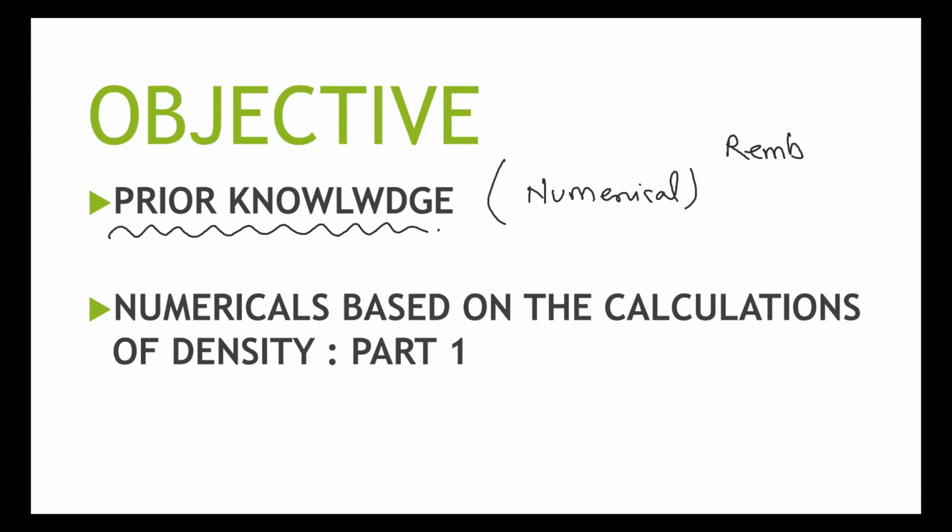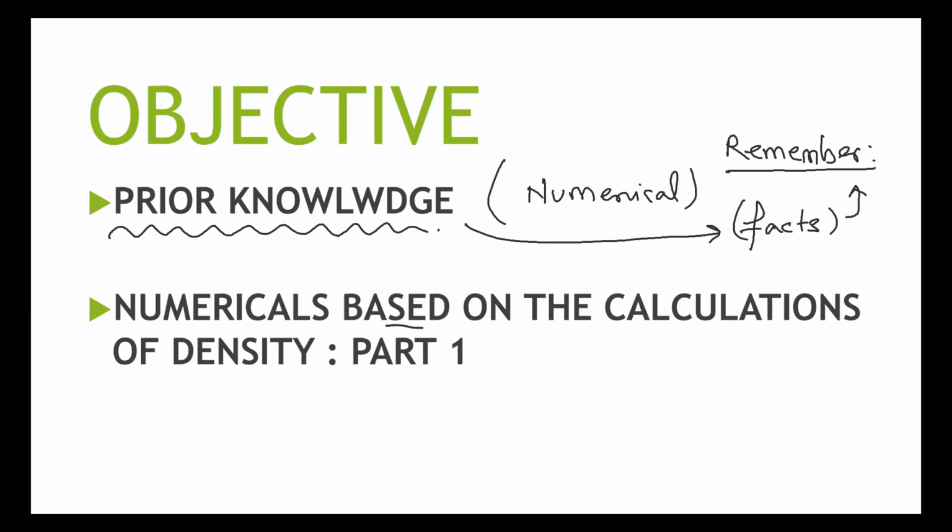If you don't know, then you're not supposed to ask where this information comes from. Use this prior knowledge as facts and just remember them. Don't ask where they come from, because all the explanations have already been given. Next, we'll move on to the numericals based on the calculation of density, part 1.